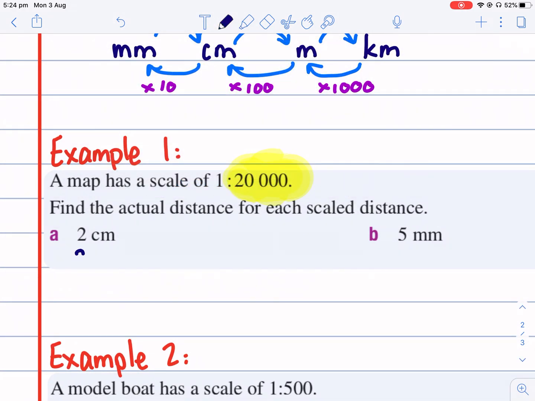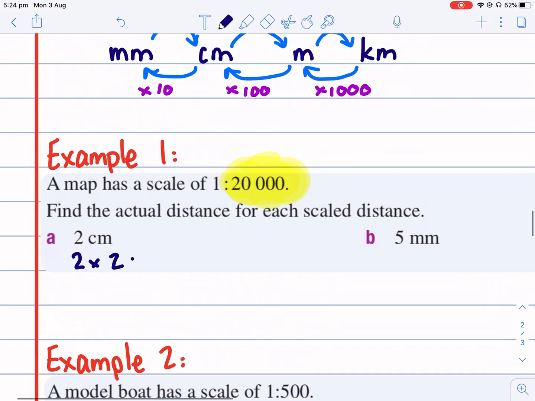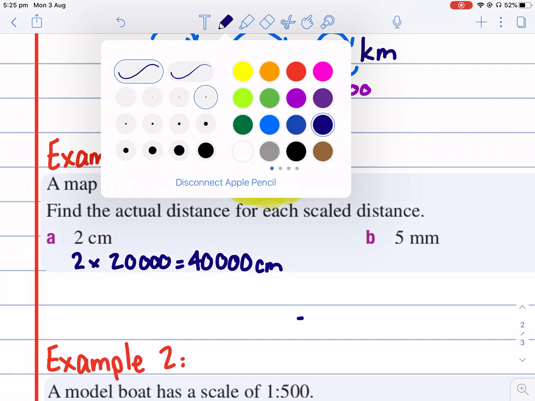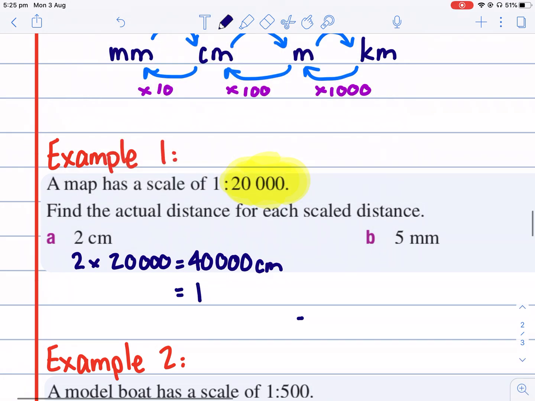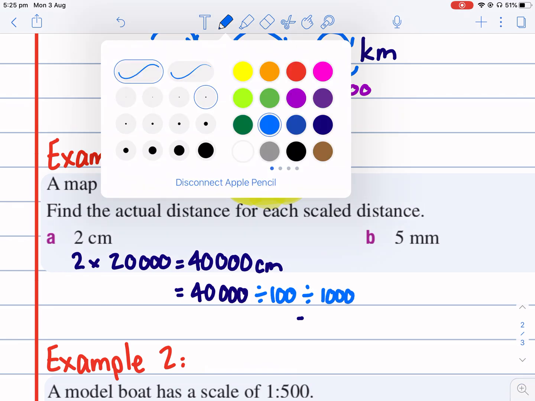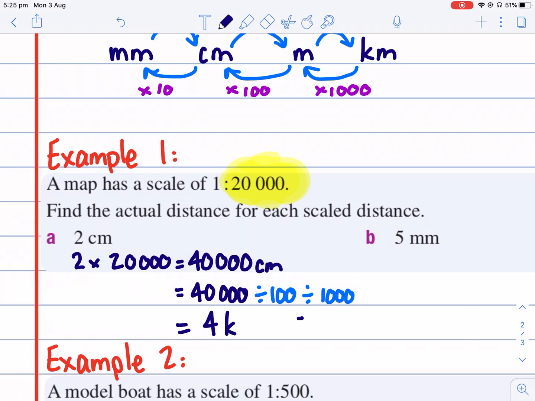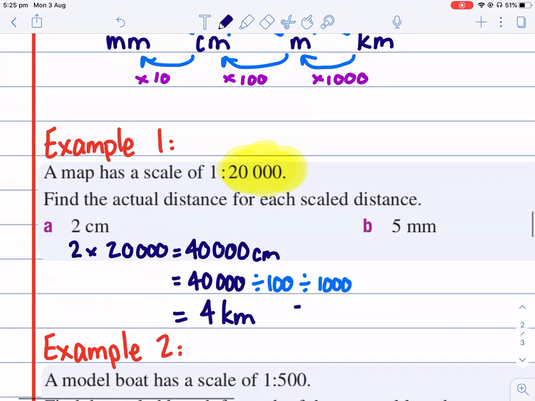So for this one, we're going to do 2 times, well, that's 20,000. So that's going to come out as 40,000 centimeters. Now, 40,000 centimeters isn't much use to anyone. So I'm going to divide by 100, and then I'm going to divide by 1,000 to turn it into kilometers. So it's 4Ks in real life.